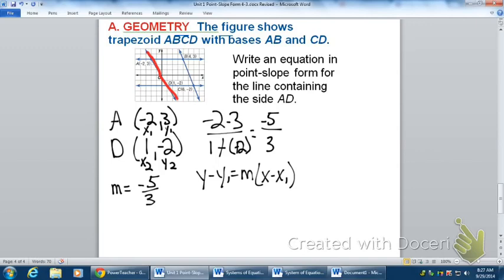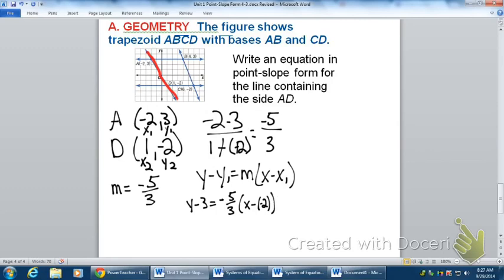So let's say if I use point A. All I'm going to do is substitute my y in for y and my x in for x. So I have y minus, for A, it's 3, is equal to our slope. We just figured that out. I'm going to do x minus our x value, which is what? Good.